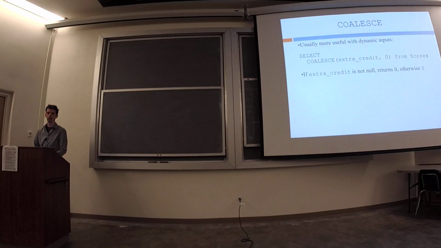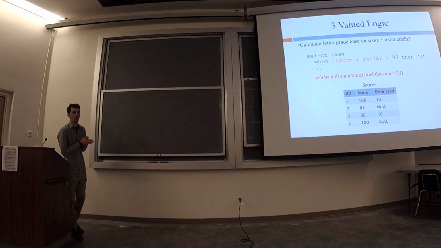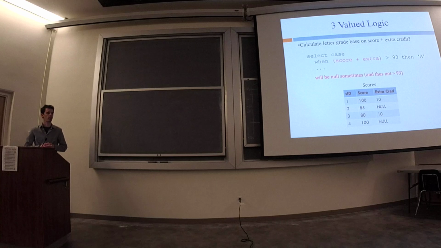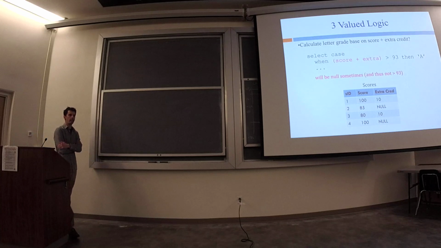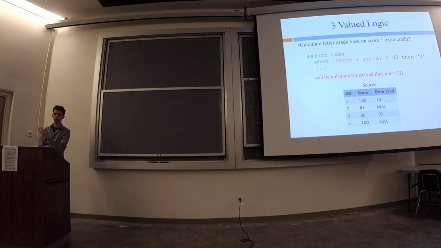Okay. So this is kind of a bad example because you might just say, well, this was poorly designed, and you should just say that extra credit should not be allowed to be null. It should be 0 if they didn't do it. And sure, maybe you could do that. But you can't always do that. Sometimes there are nulls in the tables.